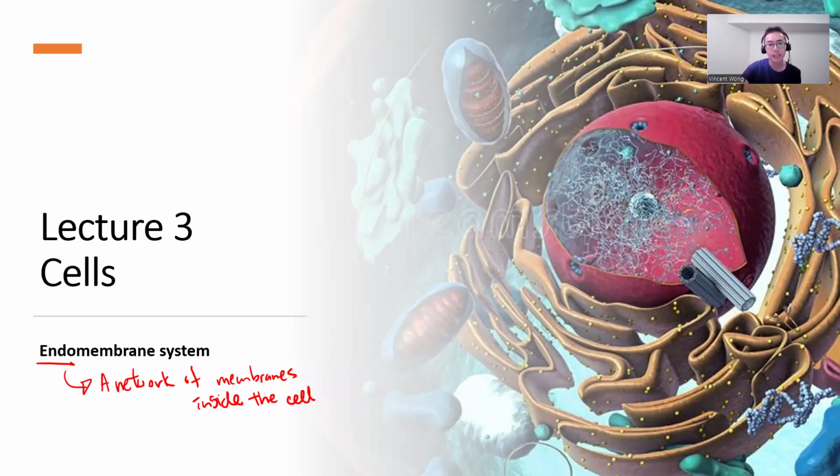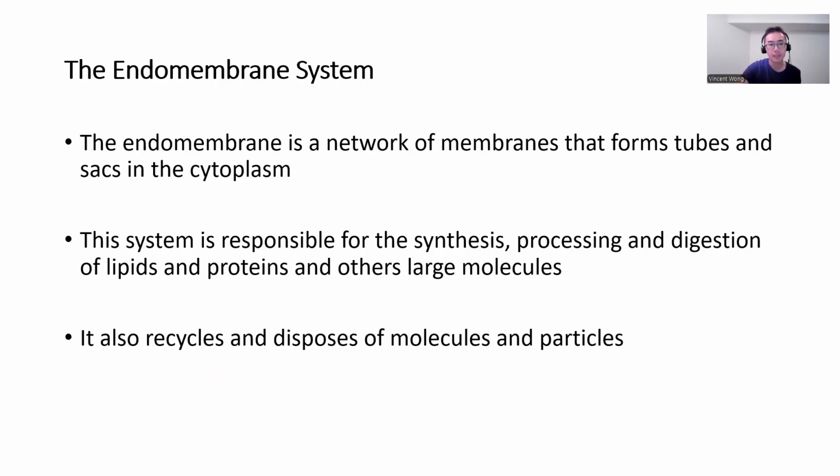The endomembrane system works together to produce, to process, and to digest things like lipids and proteins, and sometimes other large molecules as well. And there are some parts of the endomembrane system that help recycle some of the resources so we can use them to build other kinds of molecules.